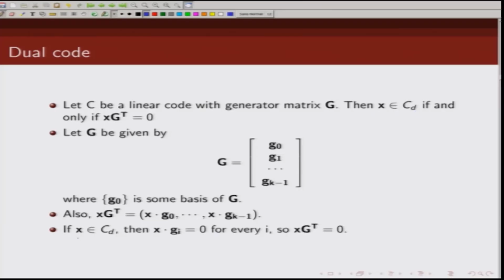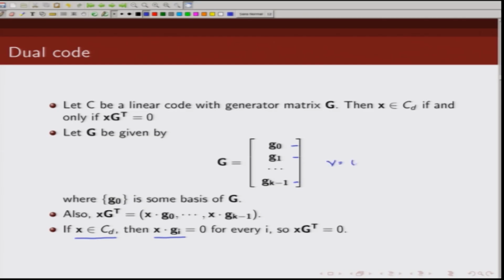Now, we know that if X belongs to the dual code, then the inner product of X with Gi should be 0. Why? Because the original code is generated using these generator sequences G0, G1, up to Gk minus 1. Any linear combination of these will give me my coded sequence.